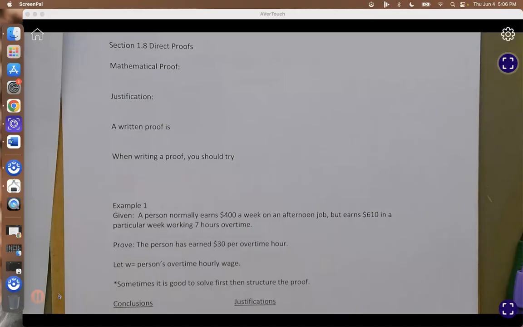Hey! So, direct proofs. Okay, so we're going to do some definitions here.